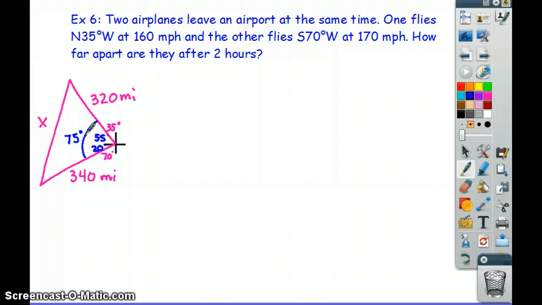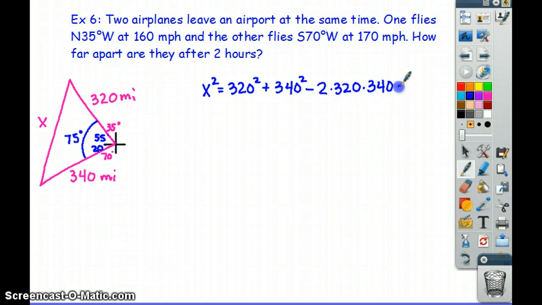Now I have side angle side. I can use law of cosines. X squared equals 320 squared plus 340 squared minus 2 times 320 times 340 times the cosine of 75 degrees.